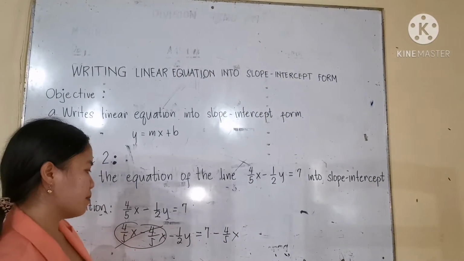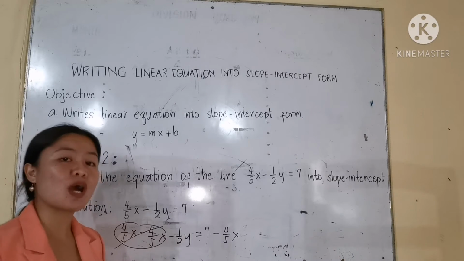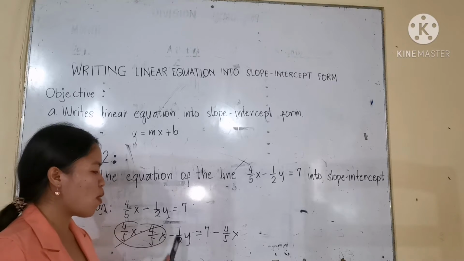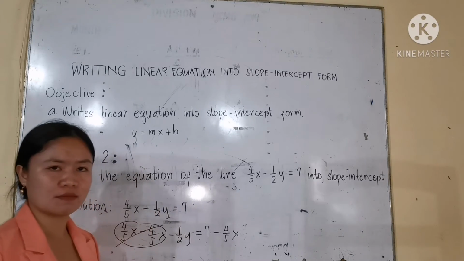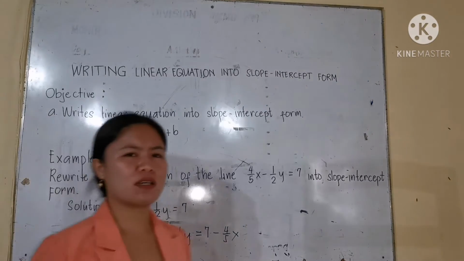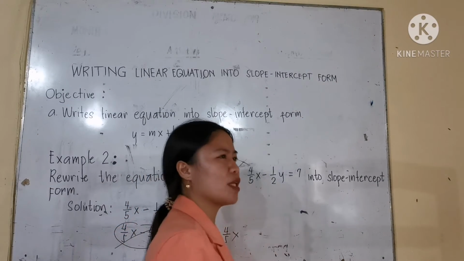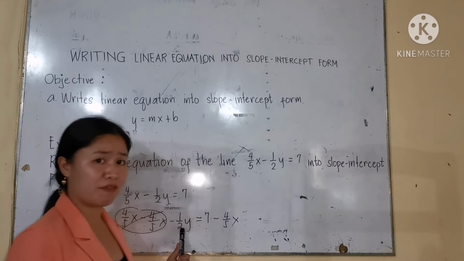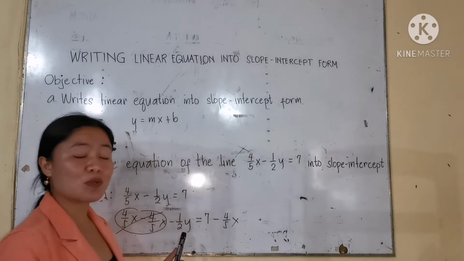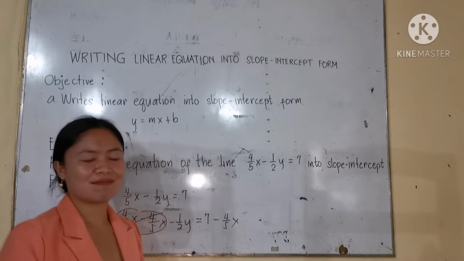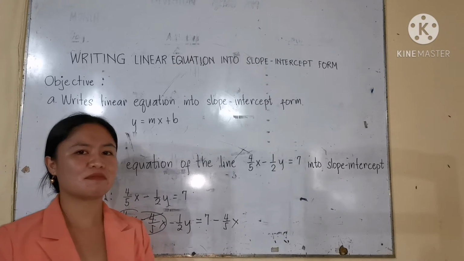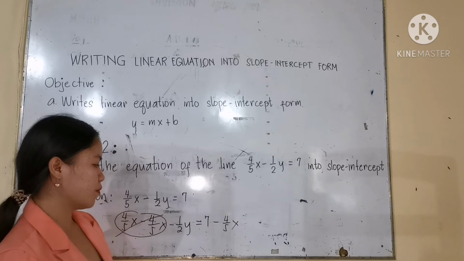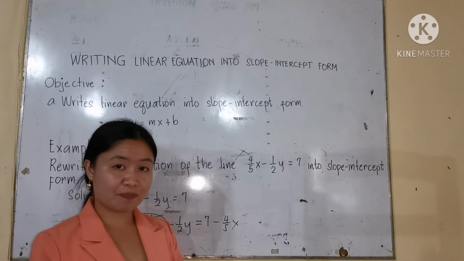In this case, we are going to multiply a number to make this negative 1/2 into 1. Let us think. What number could it be that we are going to multiply to negative 1/2 that it will result to y? Think. What number is it?